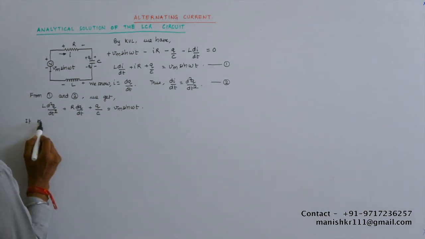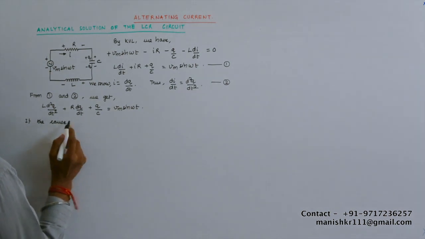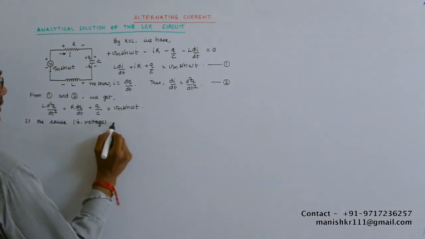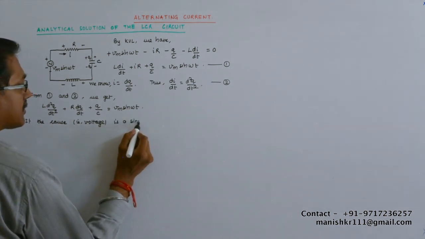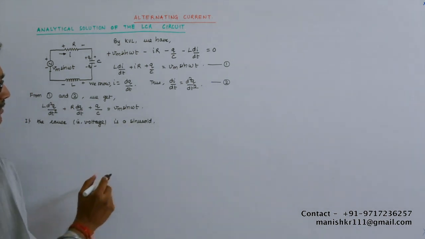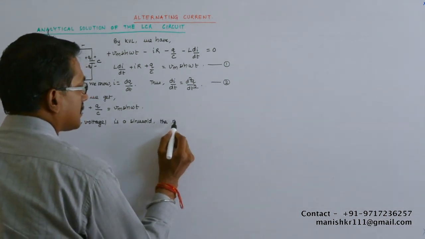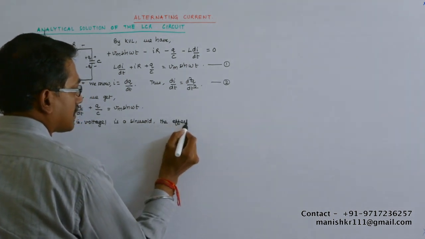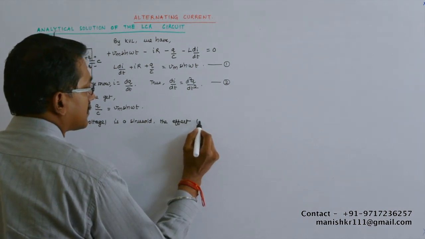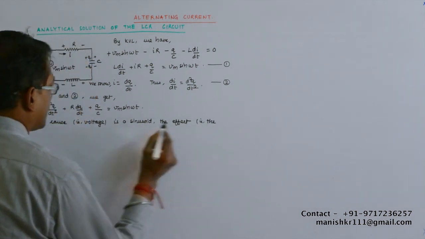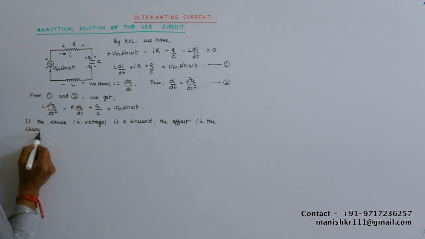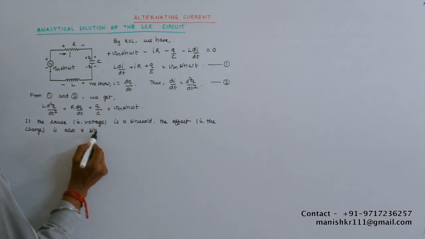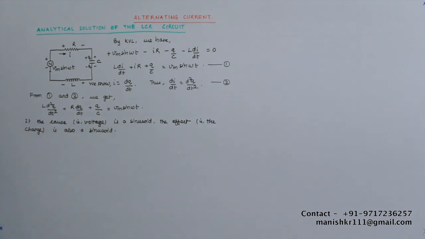If the cause, that is voltage, is a sinusoid, the effect, that is the charge is also a sinusoid. Is it not?